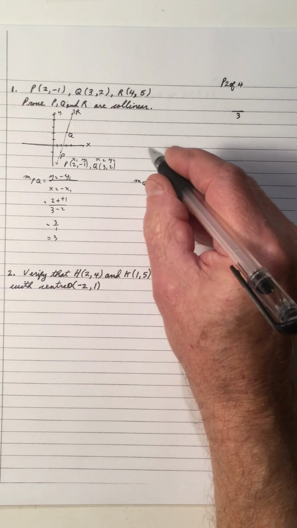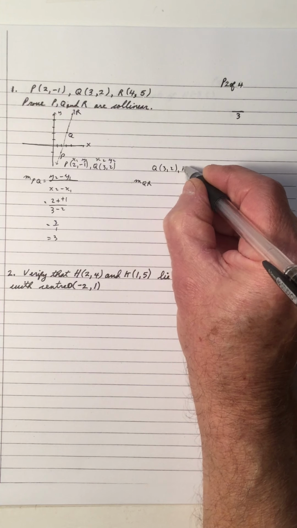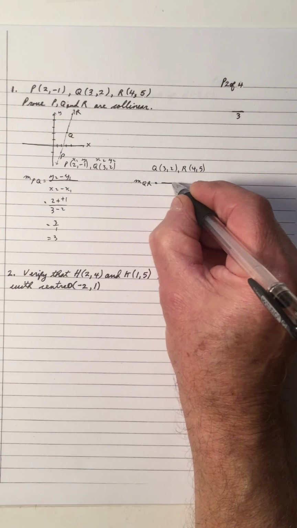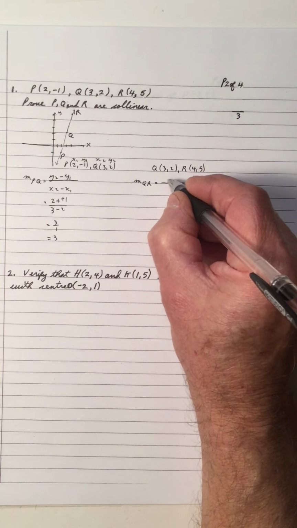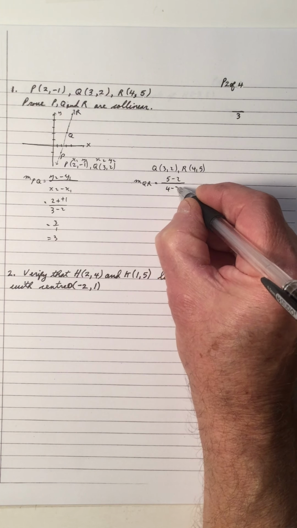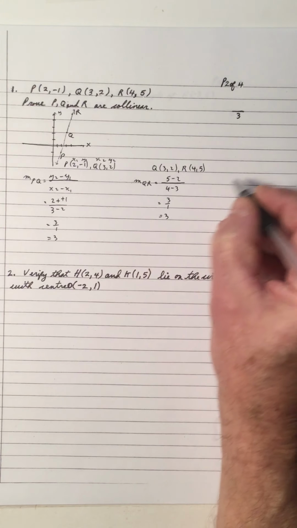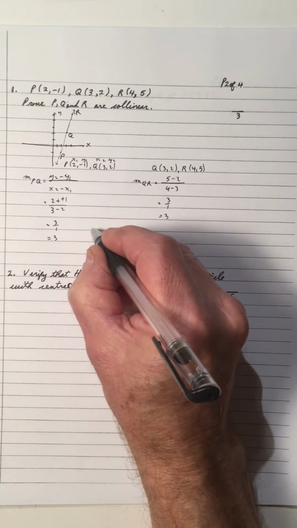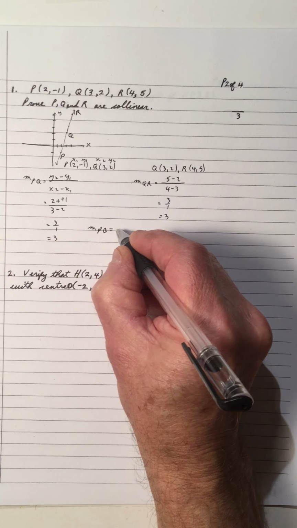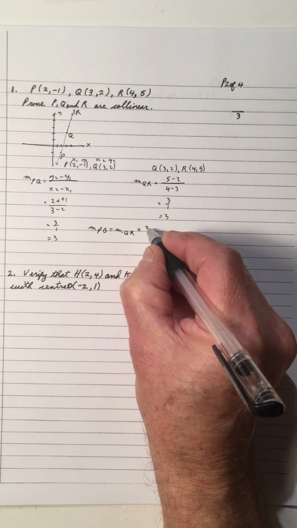And now we'll do the slope of QR. So Q is (3, 2), R is (4, 5). And y2 minus y1, so it's 5 minus 2 over 4 minus 3. That's 3 over 1, which is 3. So the slope of PQ is equal to the slope of QR, which is equal to 3.